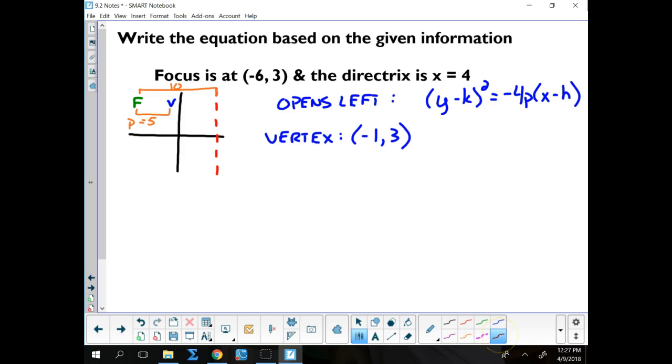So that tells me then that it's going to be y minus 3 quantity squared equals negative 4 times 5, which is negative 20, times x minus negative 1.